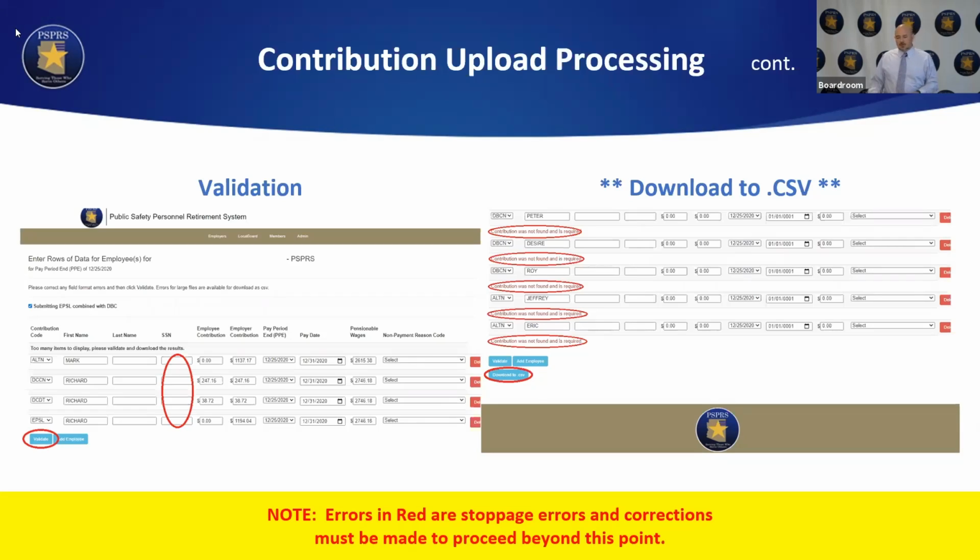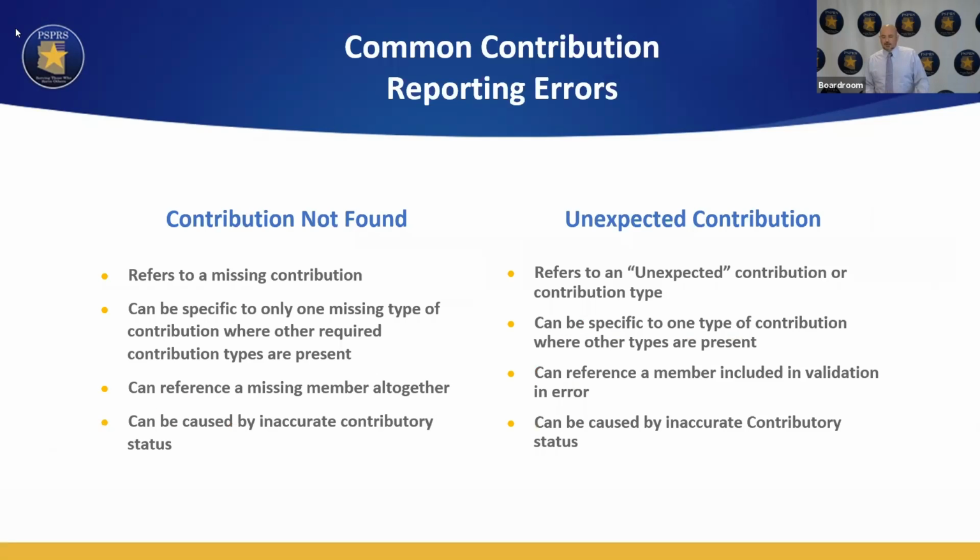And so we'll go over some more detail for the contribution not found and is required of the red error messages. There are two primary contribution or validation errors that employers will run into. One, of course, is the contribution not found. And this refers to a missing contribution or contribution type. It's not necessarily that we're expecting a contribution for a member and he's not there.